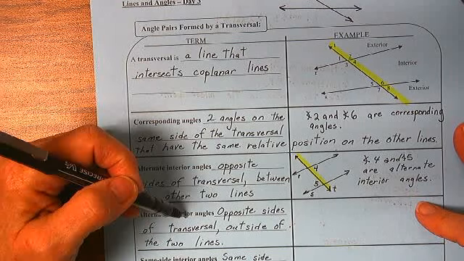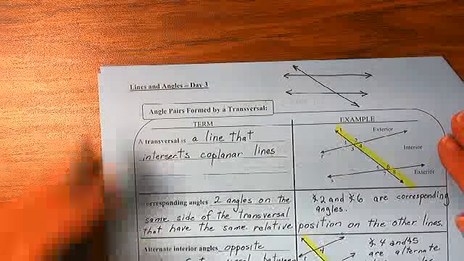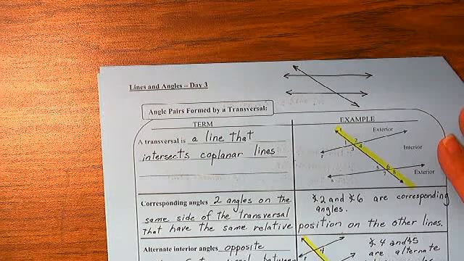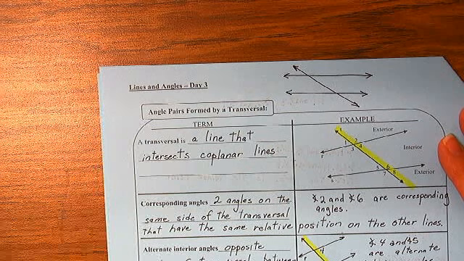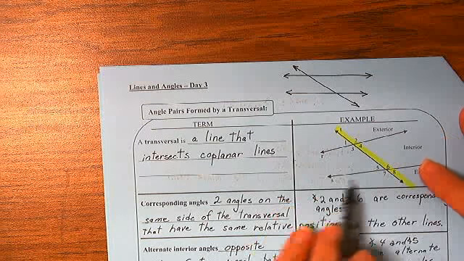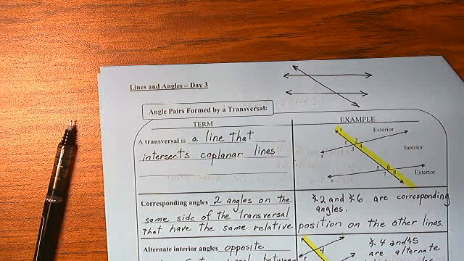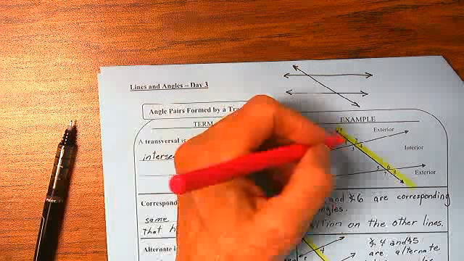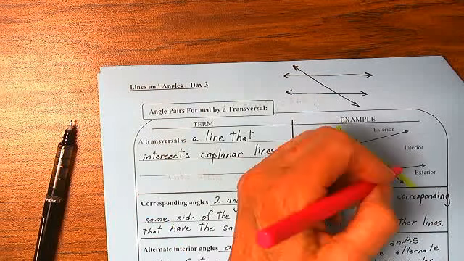Alternate exterior angles are opposite sides of the transversal, alternate, opposite, outside of the two lines. So if we have our two lines here, alternate exterior angles, we might have, for example, angle 1 and angle 8.